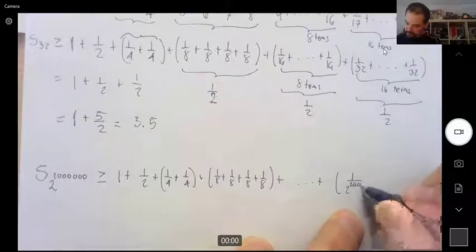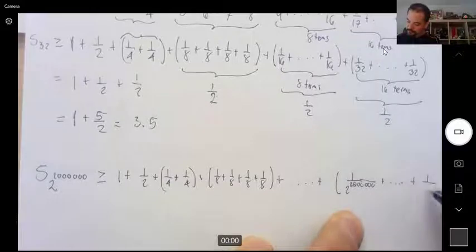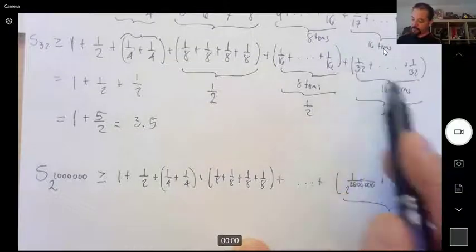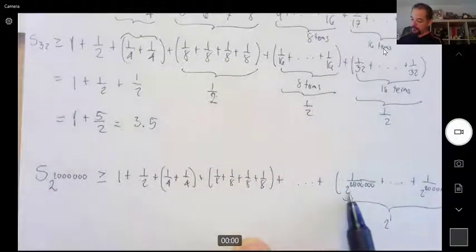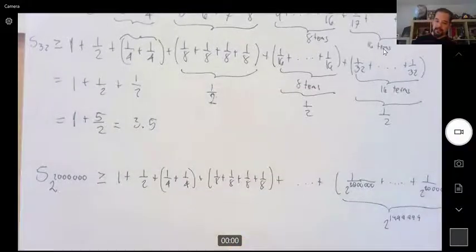That's a lot of zeros. How many times? Half of this number. If this was 32, we have 16 terms. So if this is 2 to the 2,000,000, this number appears this many times: 2 to the 1,999,999. Whoa, right?